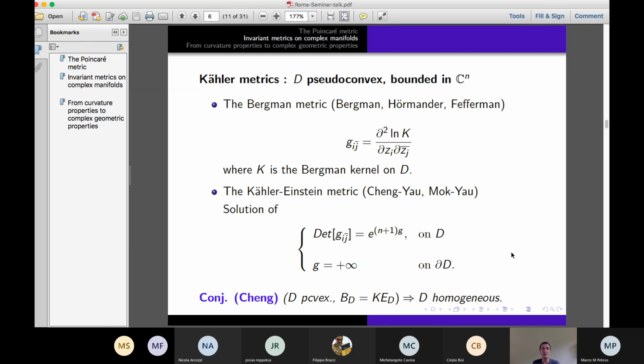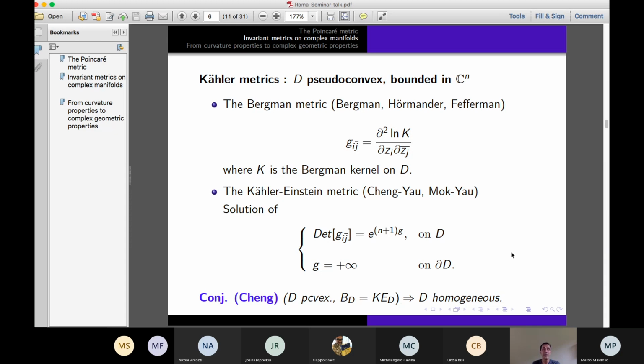So all these metrics are natural generalizations of the Poincaré metric. If you consider the unit ball in Cn, they are equal. Of course, it depends on the Ricci curvature you consider, but you can find one for the Kähler-Einstein metric such that they are equal.